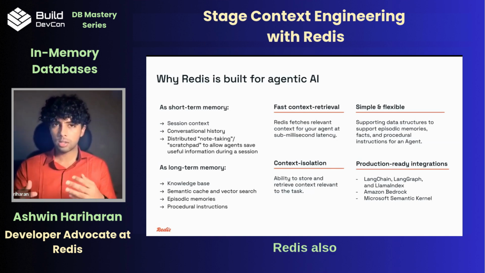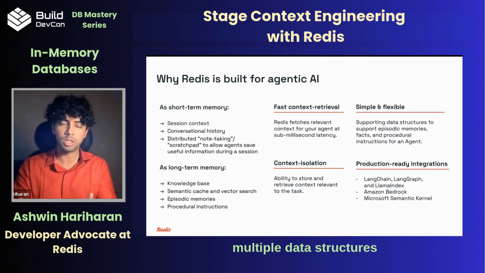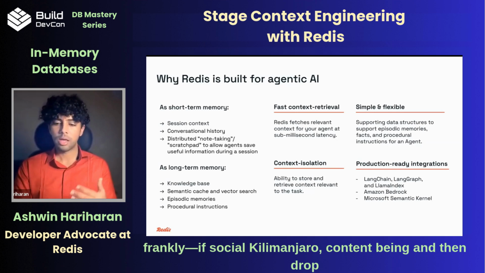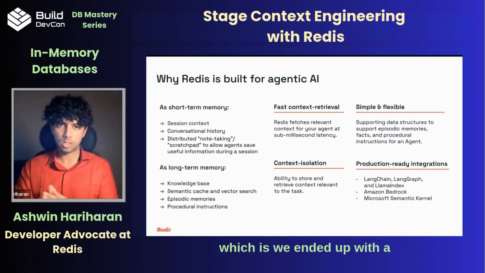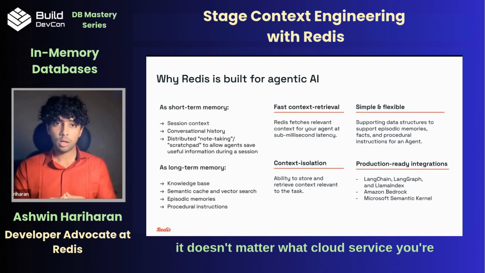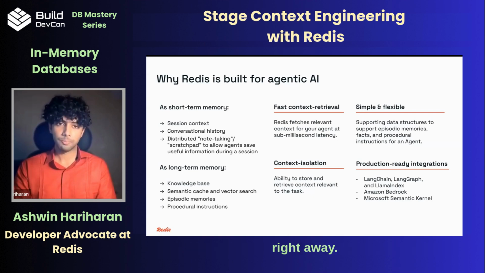And Redis also has production-ready integrations with all major AI frameworks like LangChain, LangGraph, Azure, AWS Bedrock, Microsoft. So you can get started right away. It doesn't matter what cloud service you're using, you'll be able to start building AI applications right away.